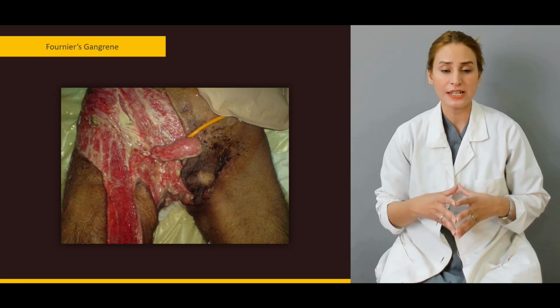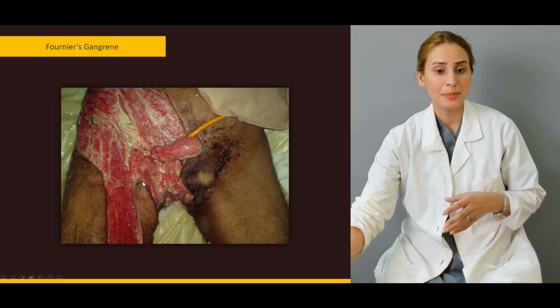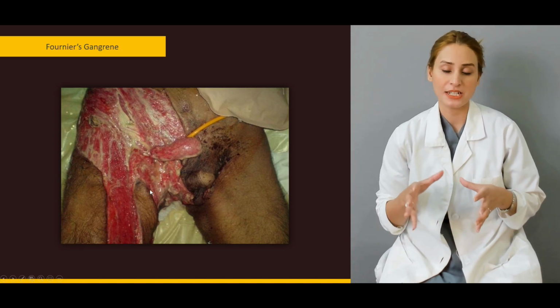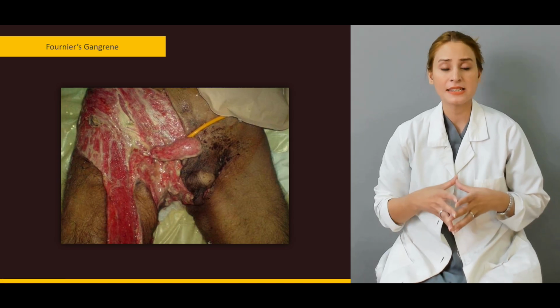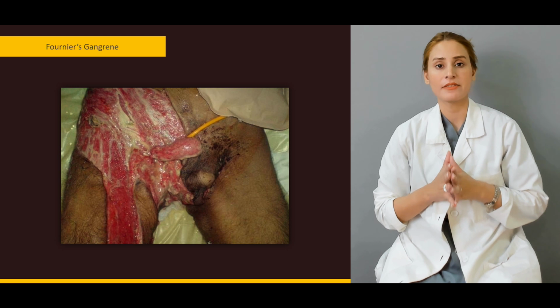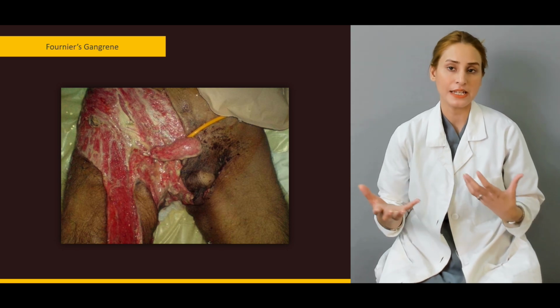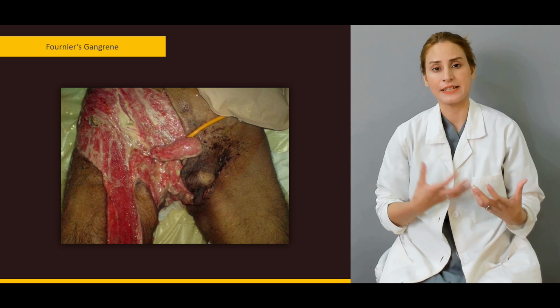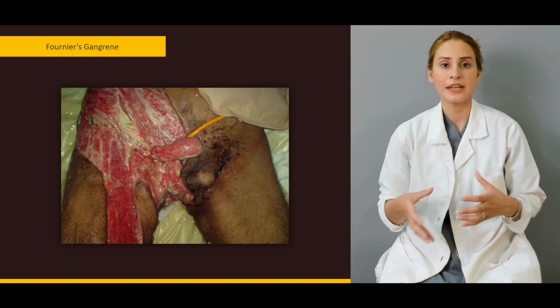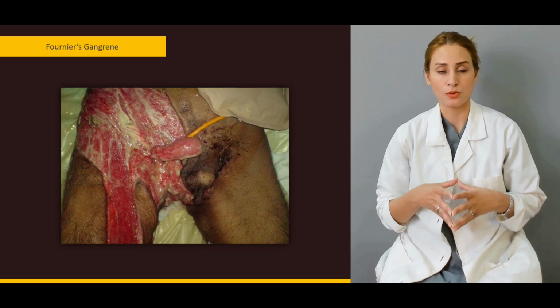You can see here that almost all of the epidermis over that particular area has gone and shed off. Most commonly, Fournier gangrene involves the external genitalia, plus a little bit of the thigh and the upper part of the lower limbs.